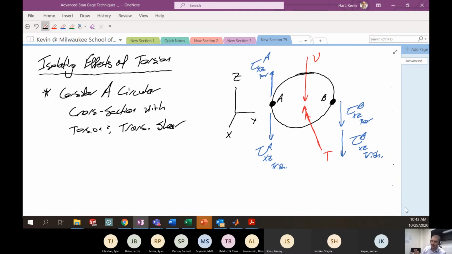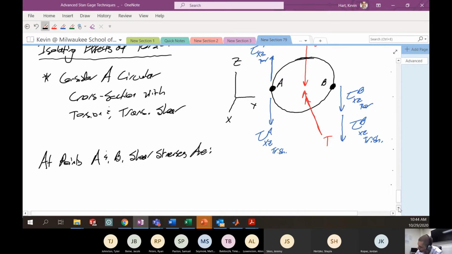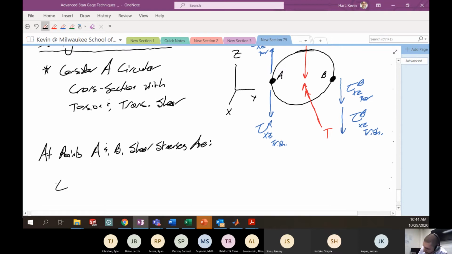All right. If this is the case, let's talk about the shear stresses at each point. So at points A and B, they are going to be the following. Shear stress on the X face in the Z direction at A is going to be the combination of the contribution from torsion and the contribution from transverse shear.